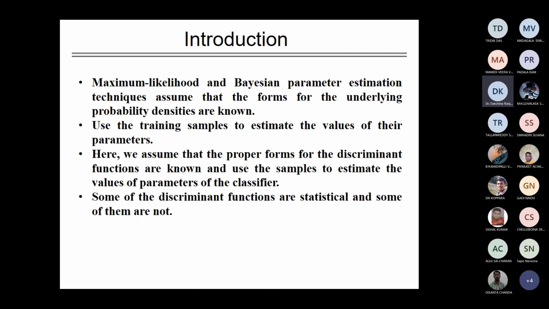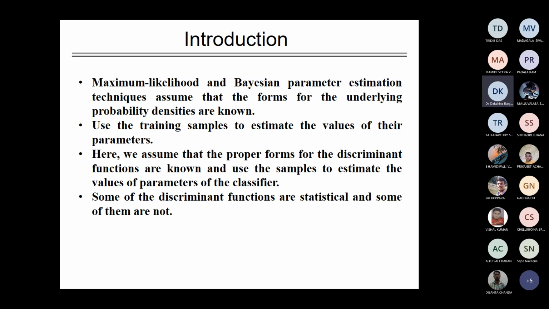estimation and Bayesian classifier. If we see both these techniques, like maximum likelihood and Bayesian parameter estimation, what we have assumed there is that the forms for the underlying probability density functions are known. That means whatever density we estimate, the underlying probability density functions are known.